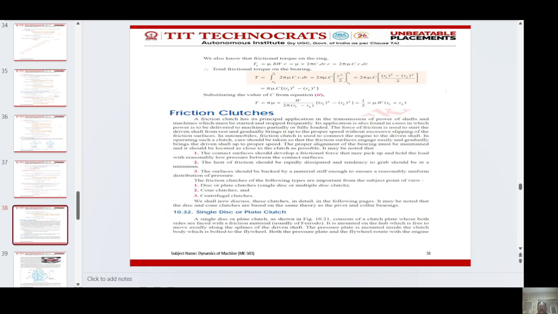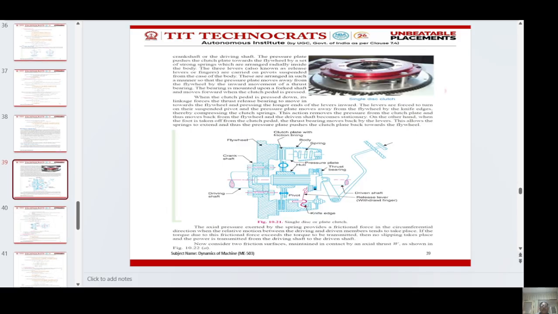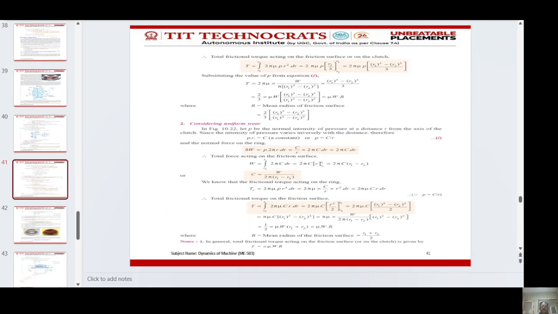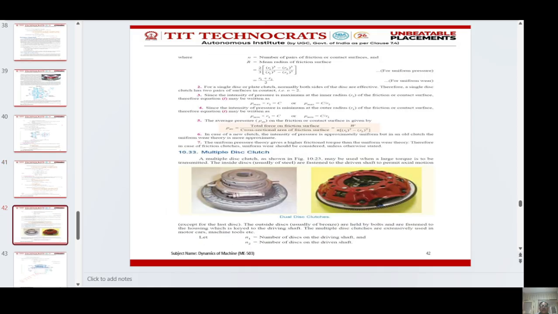The pressure plate is mounted inside the clutch body which is bolted to the flywheel. Both the pressure plate and the flywheel rotate with the engine crankshaft or the driven shaft. This is the working and the derivation of the single plate clutch.